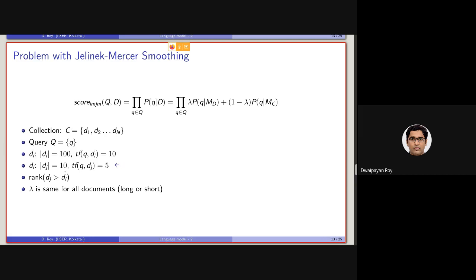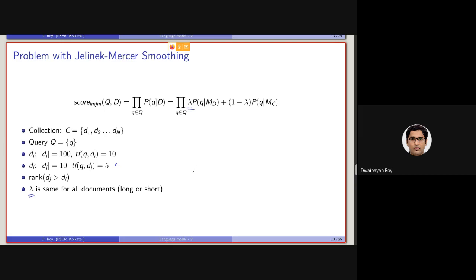Now, formally, when we are computing the score of DI and DJ, for both of them this lambda parameter is set to the same value, even though one is a long document and the other a short document.